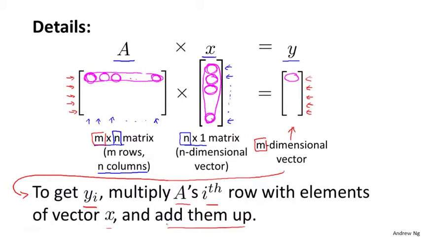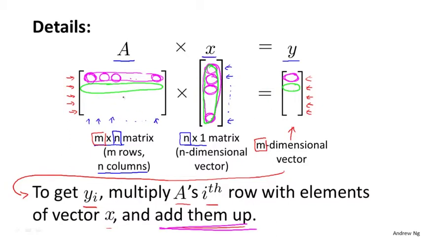And then we're going to add up the results of these products. And the result of adding that up is going to give us this first element of y. Then when we want to get the second element of y, like say this element, the way we do that is we take the second row of A and we repeat the whole thing. So we take the second row of A and multiply element-wise with the elements of x and add up the results of the products, and that will give me the second element of y.